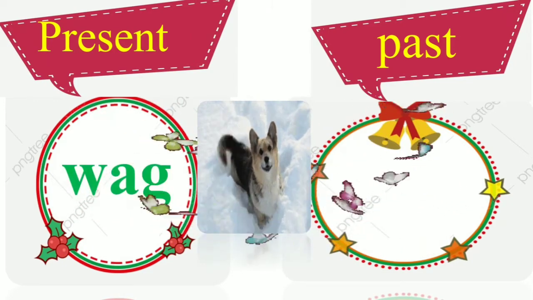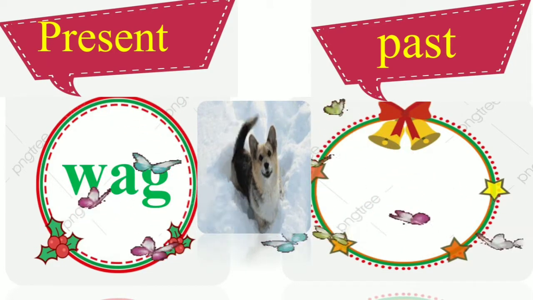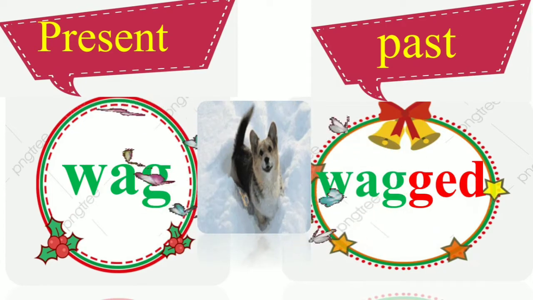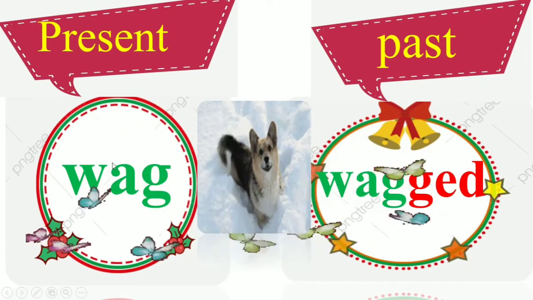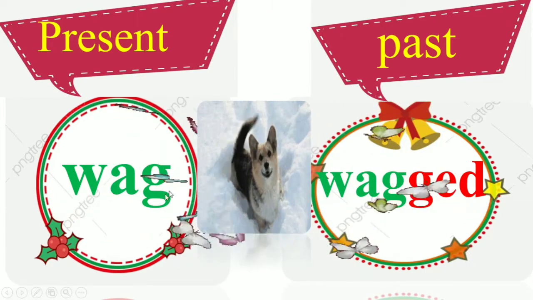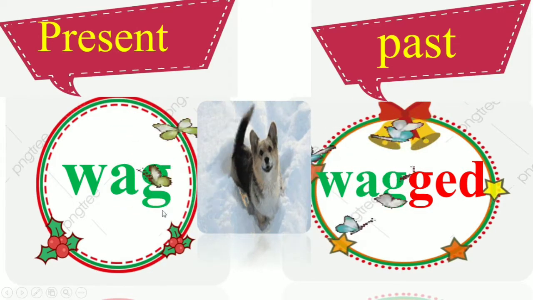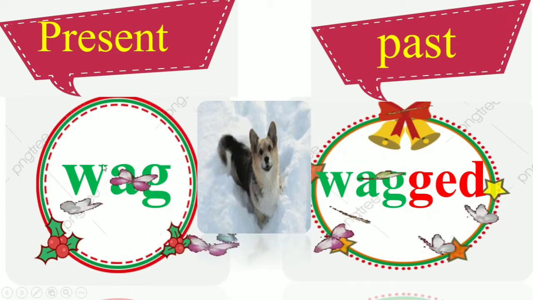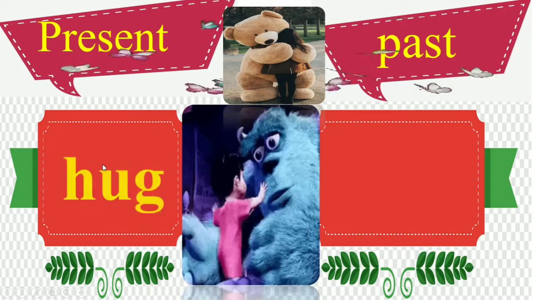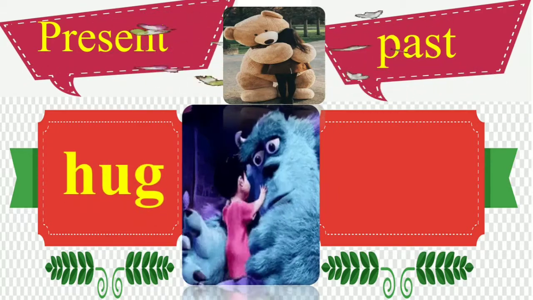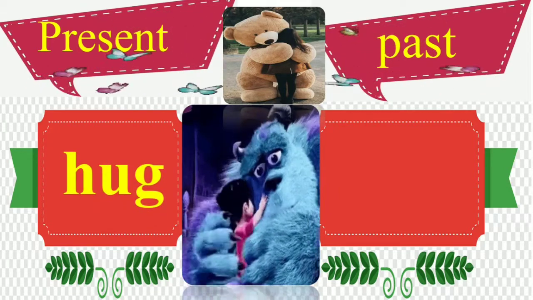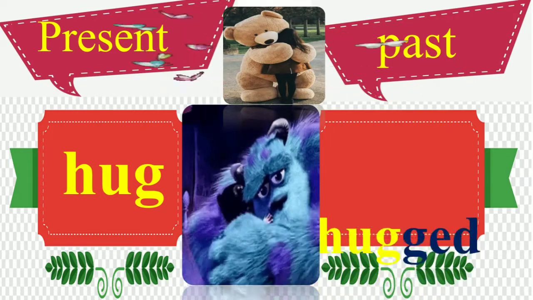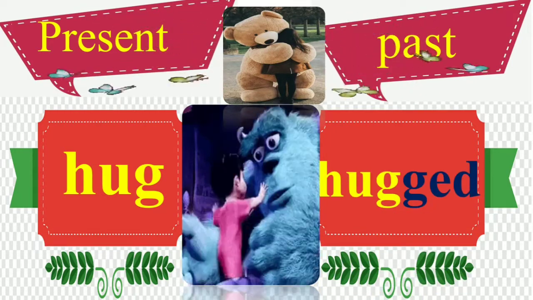Look at the first one, wag. W-A-G, wag, and the past form is wagged. Look here, we have got a vowel before the consonant. Okay, that's why we have doubled the last consonant. Then hug. Oh, that bear is giving the little girl a hug. And the past form of hug is hugged.